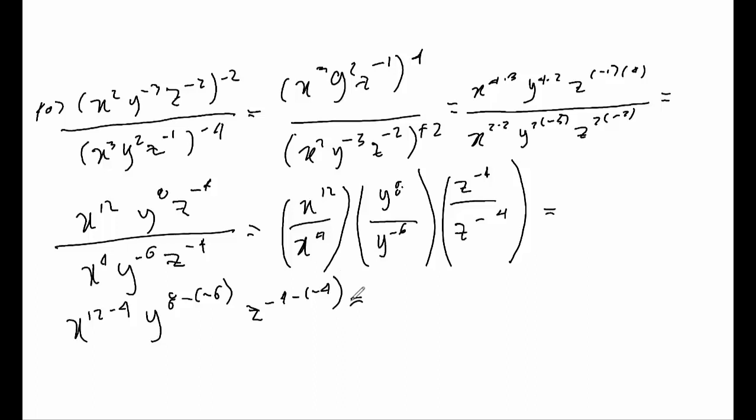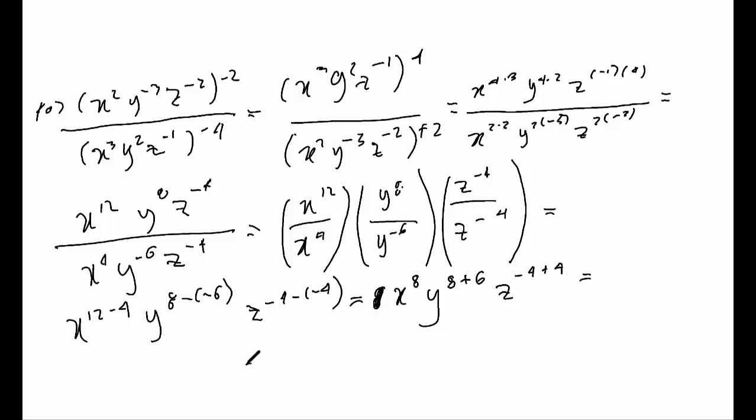So I have here 12 minus 4 is 8, so x to the 8. And then I have y to the 8 plus 6, and then finally I have z to the negative 4 plus 4.